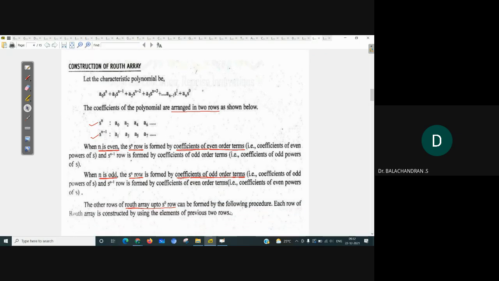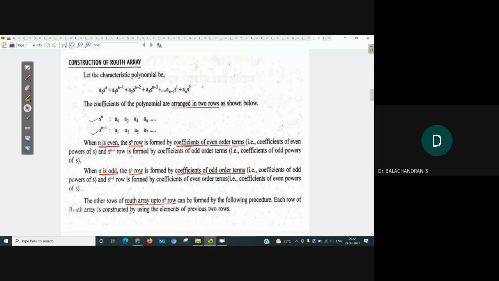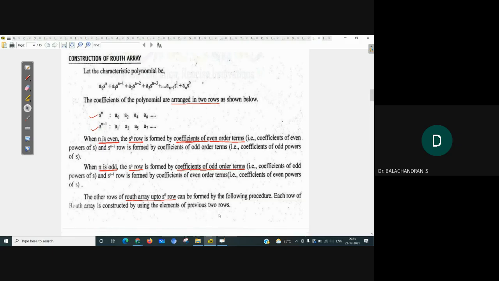The other rows of the Routh array up to the s power 0 row can be formed by the following procedure. This is also an important point: each row of the Routh array is constructed using the elements of the previous two rows.